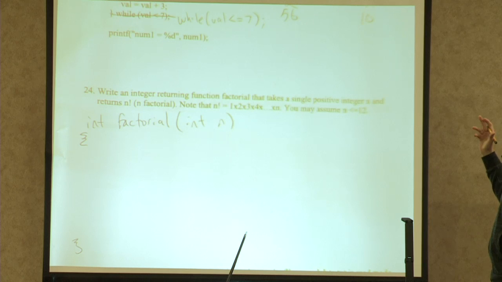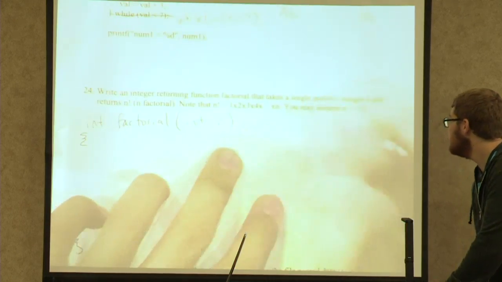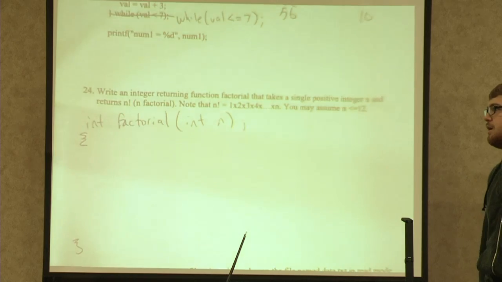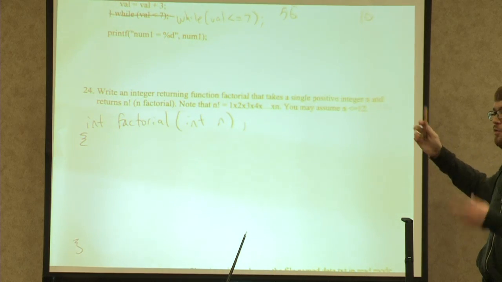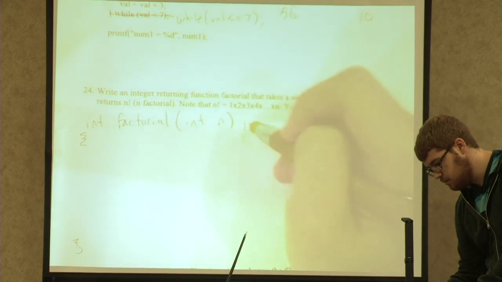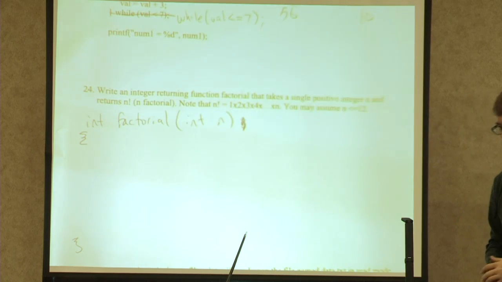Say if we were doing a full program, there's one, the prototype. The only difference between the prototype and that is you'd just put a semicolon, and you don't have to name the variable, but you could name the variable and just move it up there. Yeah, it would work. Okay, we got int factorial int n.